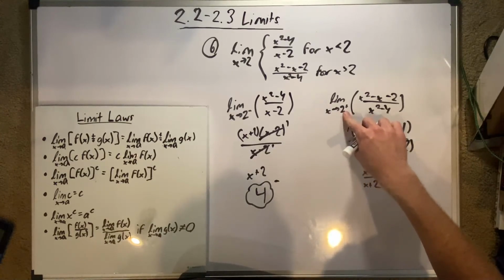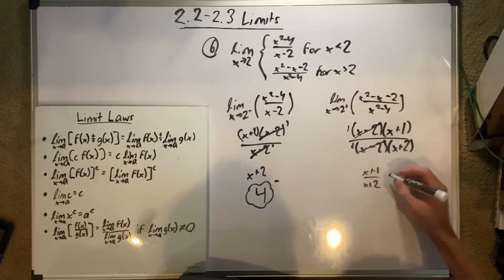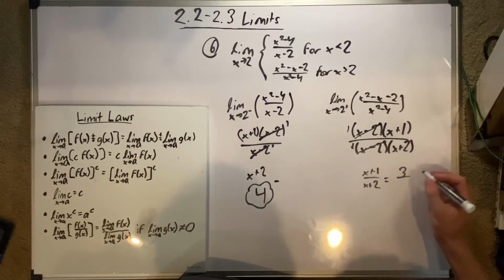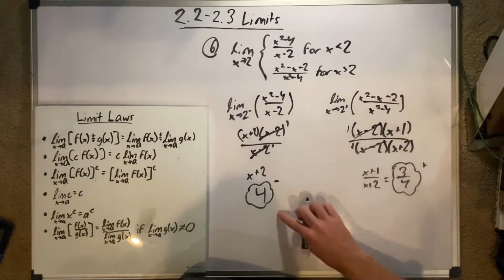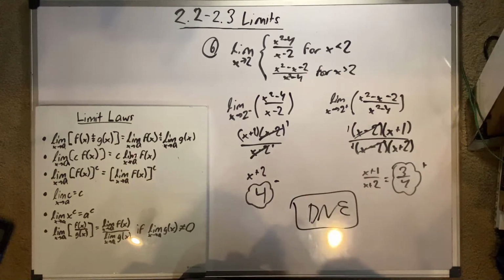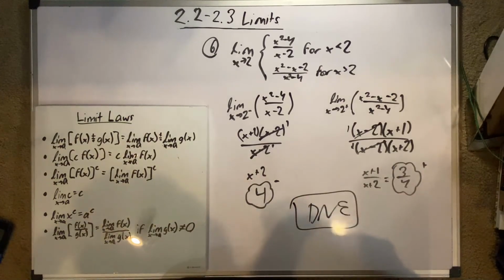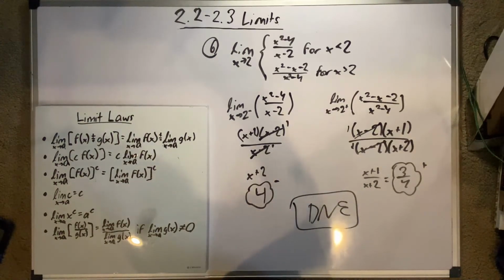Plug in a 2. This is a positive 2, but that's not told by that. So 2 plus 1 is equal to 3, over 2 plus 2, 4. So that's what it is from the positive side. These two are not equal. Does not exist. There we go. And that's limits done. Whew! That's the basic gist of limits.